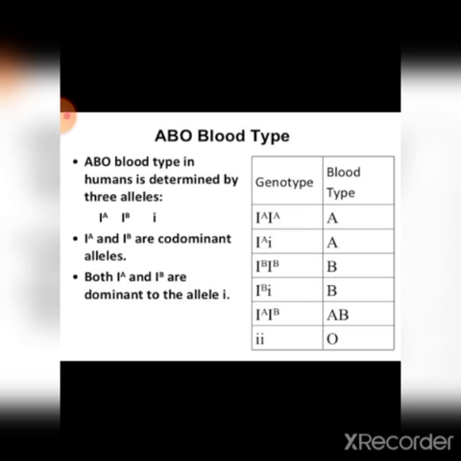If IA is present in the homozygous condition, then blood type will be A. If they are present in the heterozygous condition, IA and small i, then it will be A. If IB is present in homozygous condition, then the blood type will be B. If IB is present in heterozygous condition with small i, then blood type will be B. Same is the case if IA and IB are collectively present in a person, then the blood type will be AB. And if small i and small i are present in homozygous condition, then blood phenotype will be O.